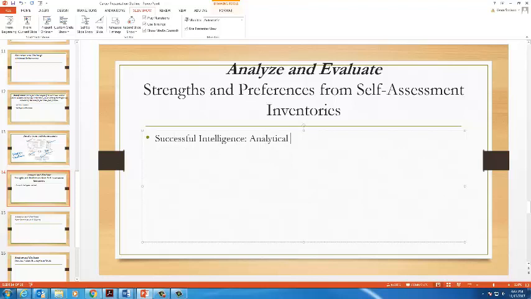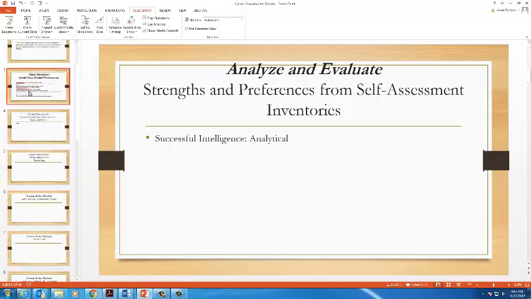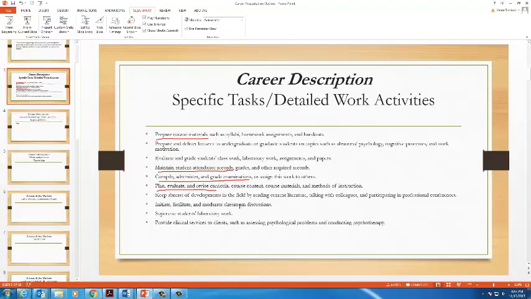So as a strong analytical thinker based on Sternberg's successful intelligence assessment, I think I would be a great fit for a career as a university professor because, and the best advice I can give you here is to understand what the strength is and then go back to that initial list of specific activities and find the connection.